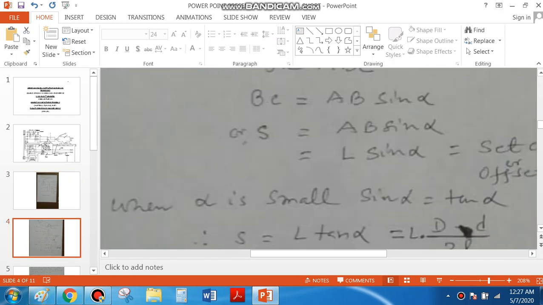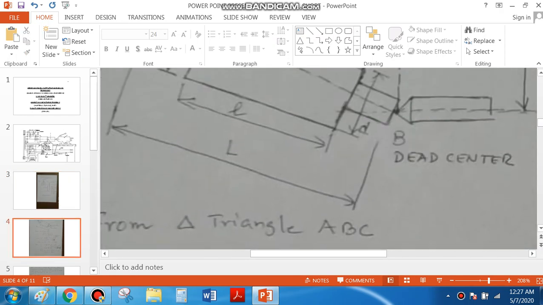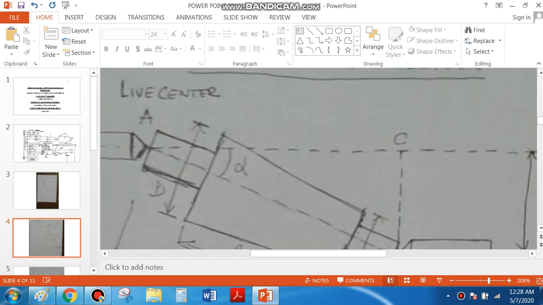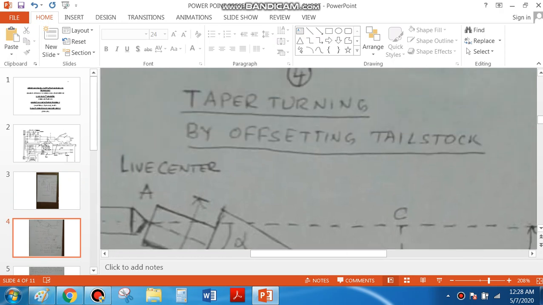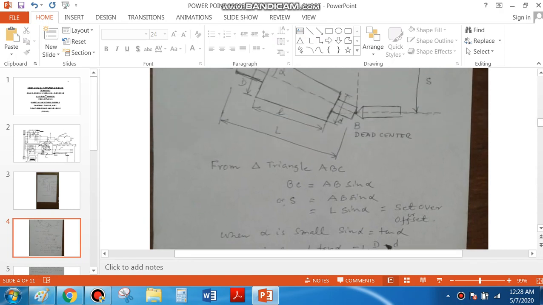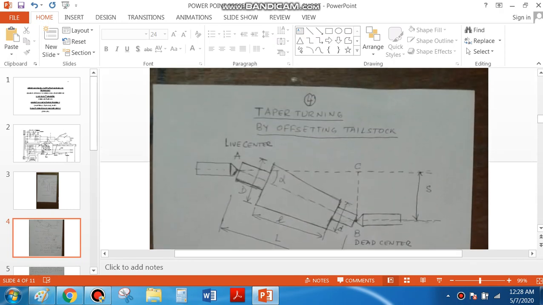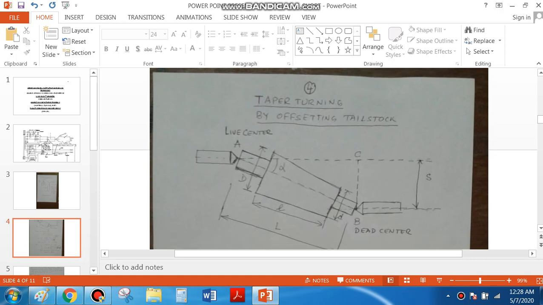If we go to the next slide, we will see the process of taper turning and how the set over is calculated. Taper turning is done in this process where the tailstock set over method is used.